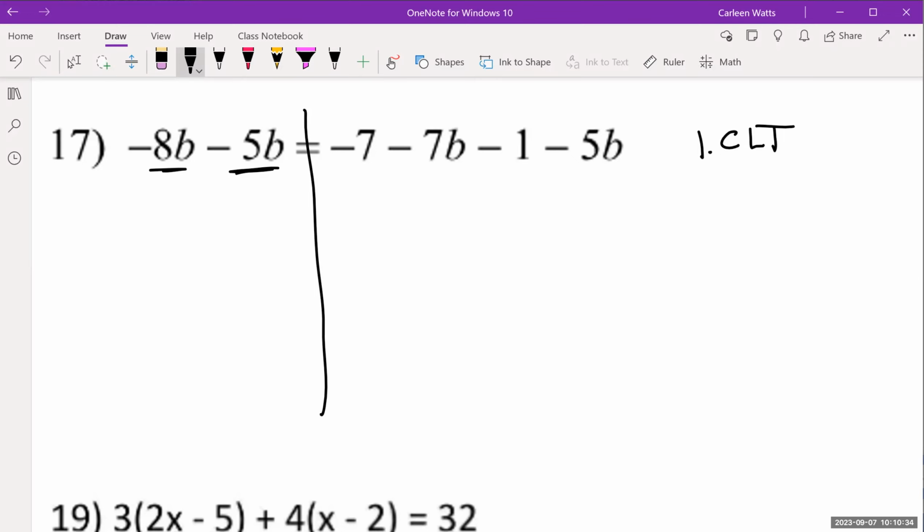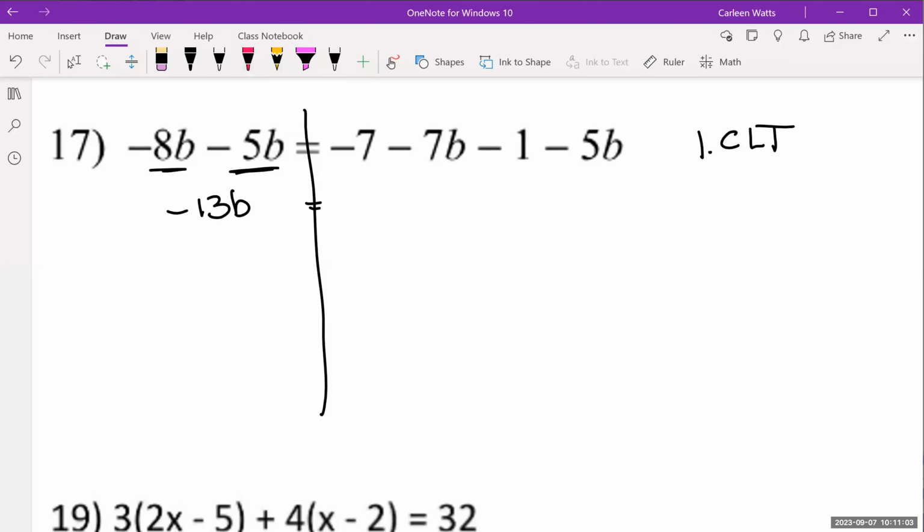-8 minus 5. Okay, with our calculator, -8 minus 5. Keep change is -13. That's not an x. Sorry, typo. That's a b.